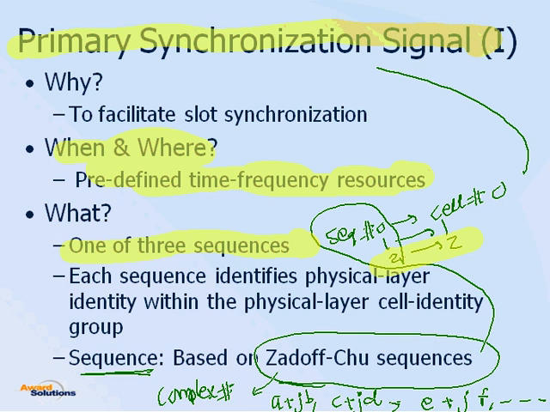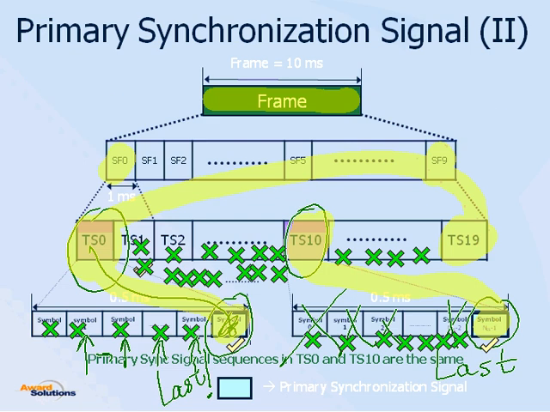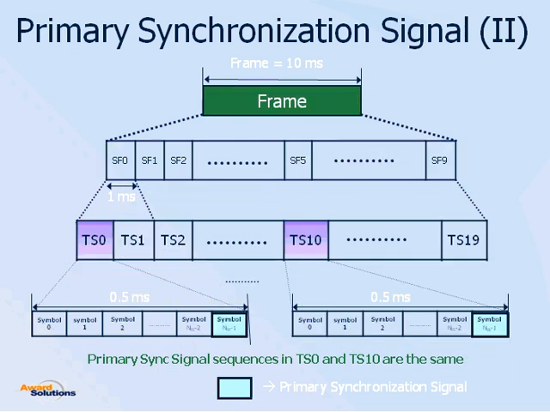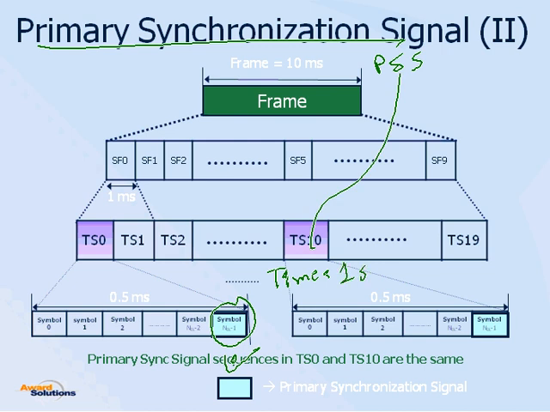And then, is the primary synchronization signal in every symbol, or are multiple symbols needed? If you look at here, from the time perspective, for the primary synchronization signal, one symbol is good enough.